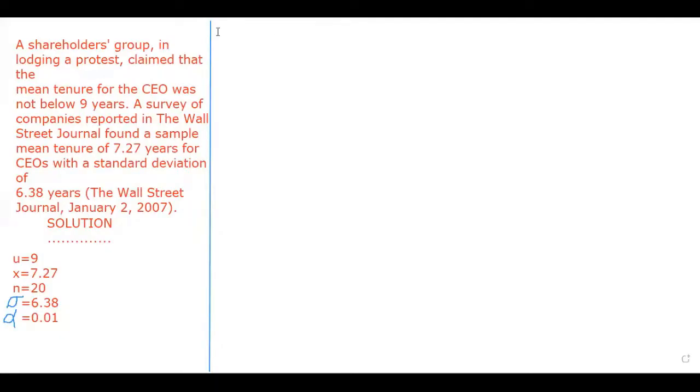Okay, we know our parameters. So the first, H0, is such that mu is greater than or equal to 9. H1 is such that mu is less than 9.